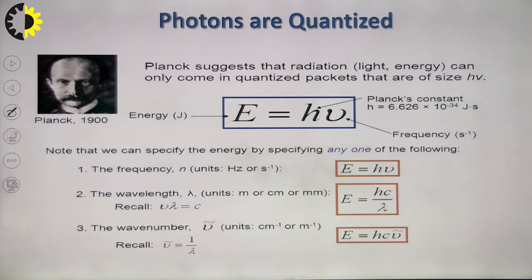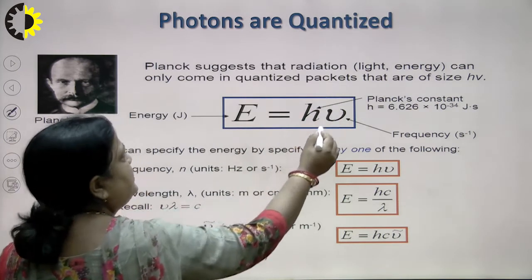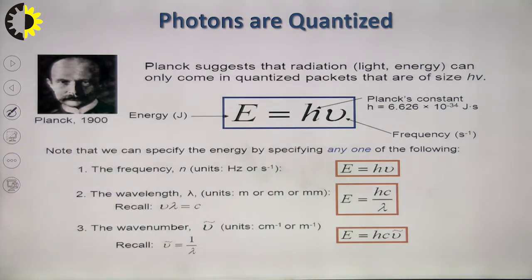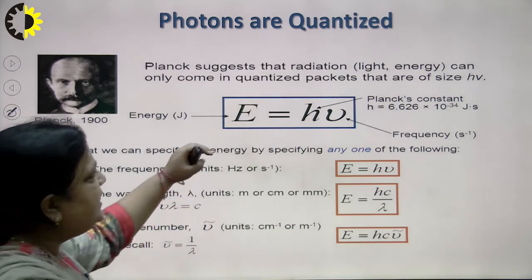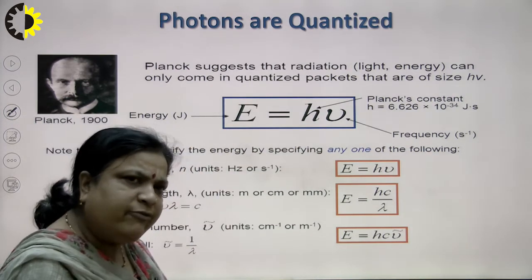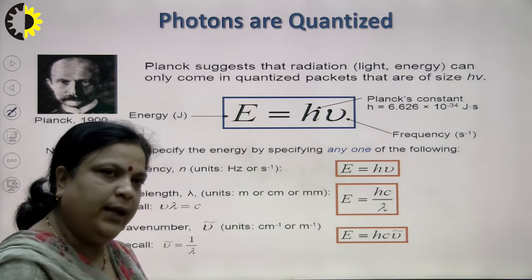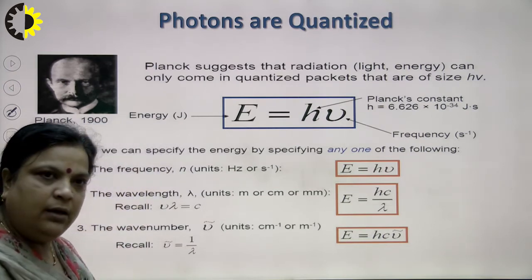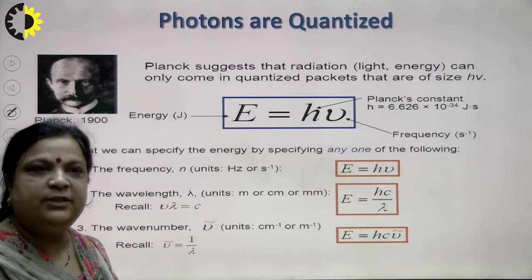We can say that photons are quantized, and Planck suggested that radiation comes in quantized packets, and E is equal to h nu. So, this is the first simple numerical in spectroscopy. Suppose the frequency is given and the examiner asks what the energy of this radiation is.